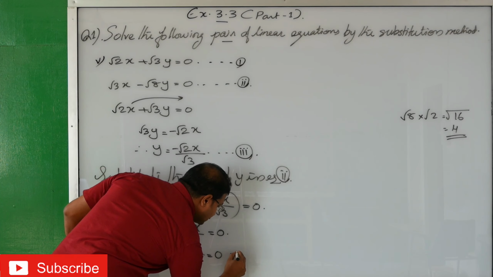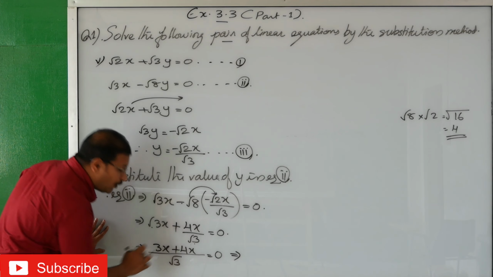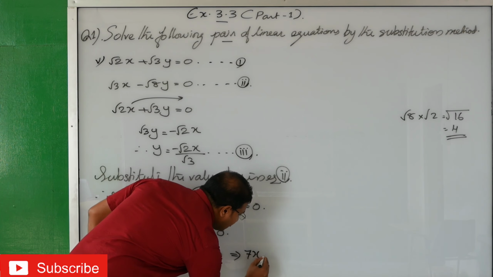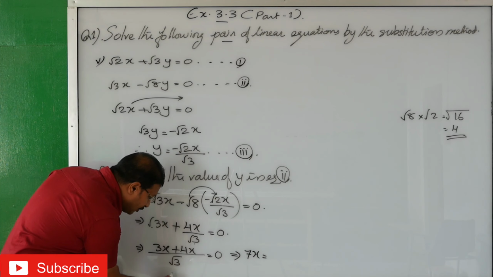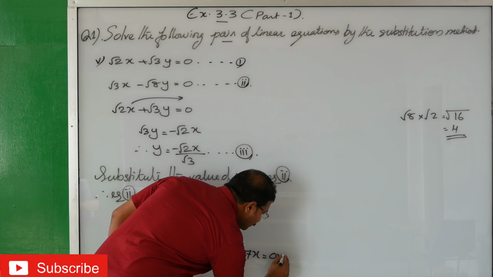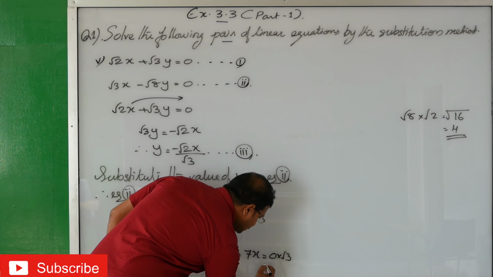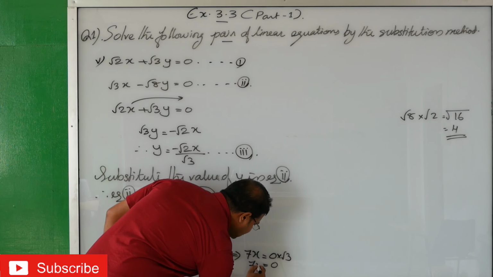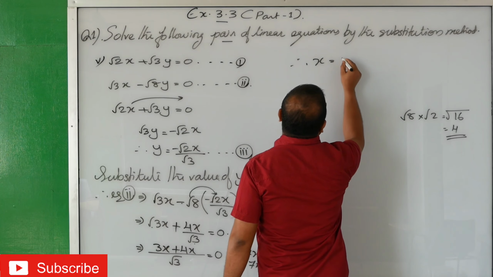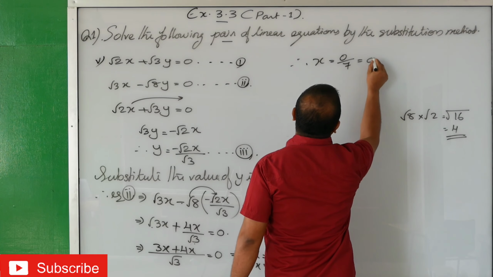That implies, see, 3x plus 4x means 3 plus 4, that means 7. So, 7x equals, see, root 3 is the denominator. If it goes to the next side, we'll multiply. That means 0 into root 3, which is 0. That means 7x equals 0. Therefore, x equals, what will happen? 0 by 7 equal to 0.